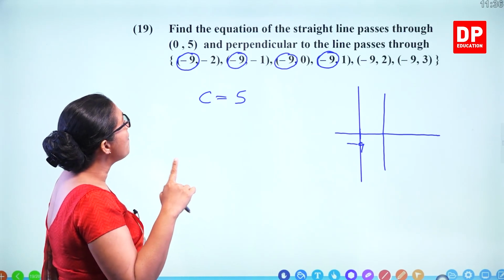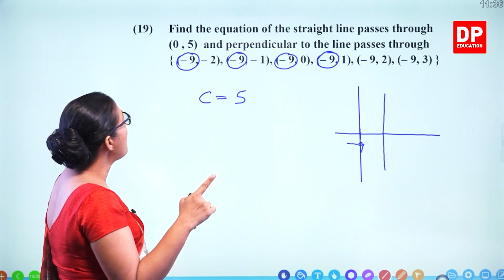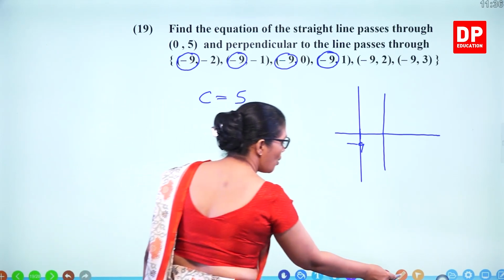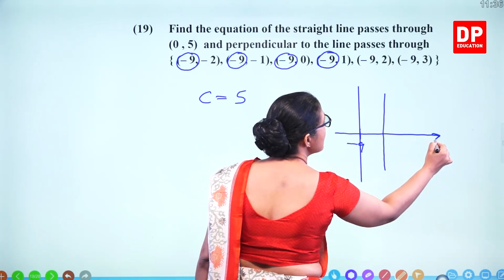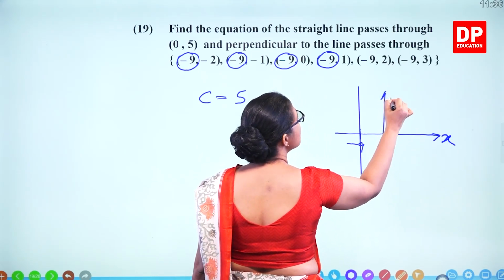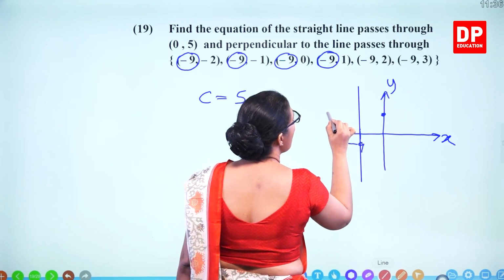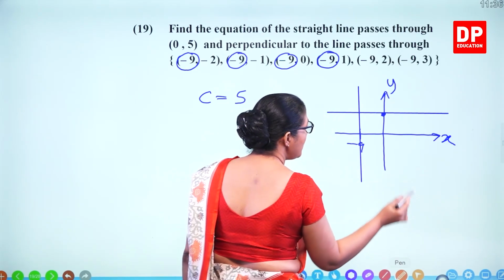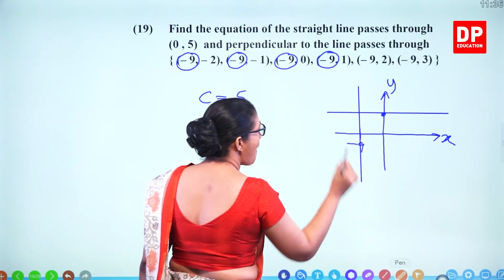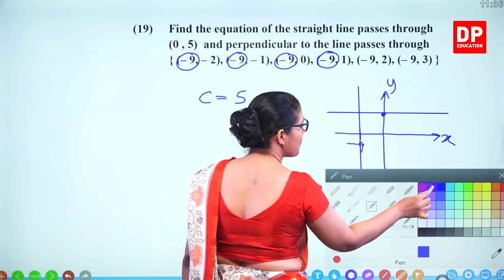So what's the perpendicular line? The perpendicular line passes through this one. If this is the x axis and this is the y axis, 0, 5 means this point. So you need to find the perpendicular line that passes through this one.